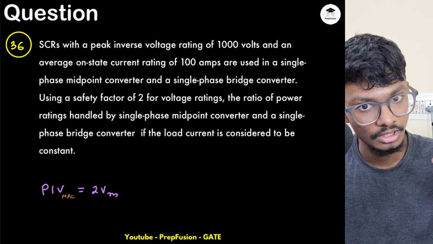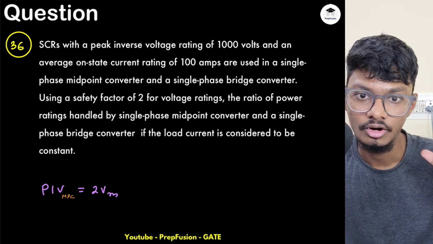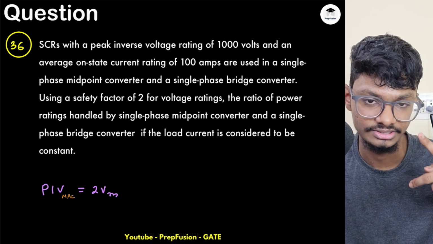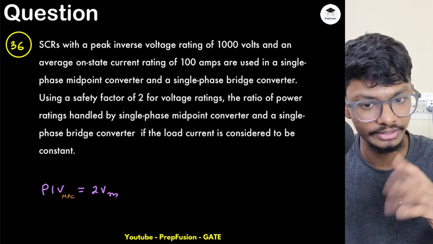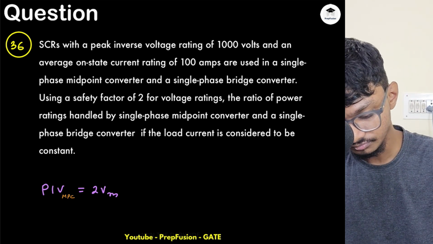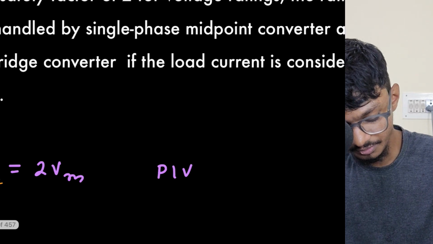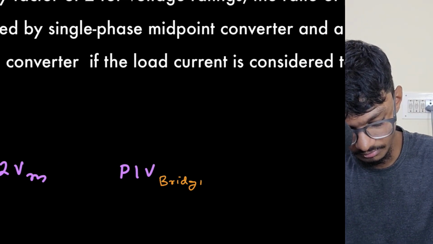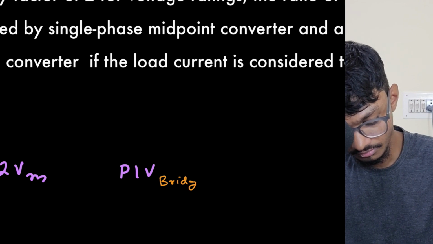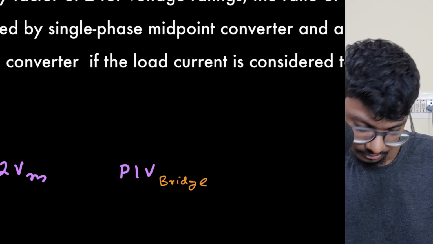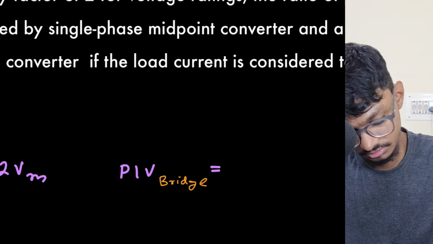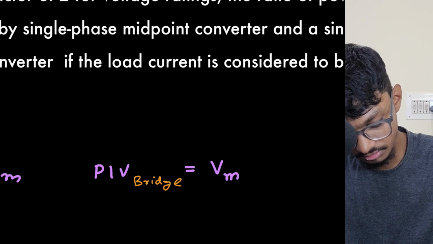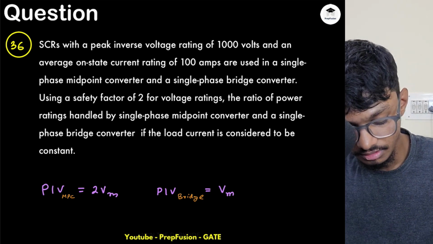When the other two SCRs are on, the maximum potential in the reverse direction can be Vm. It cannot go over Vm. So in case of bridge, peak inverse voltage is basically equal to Vm. So this is the difference.